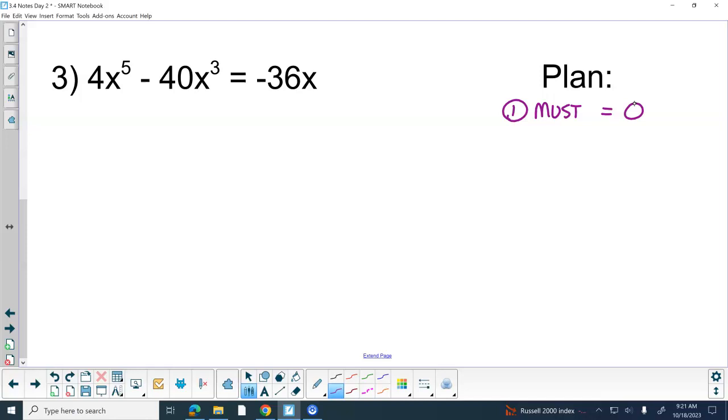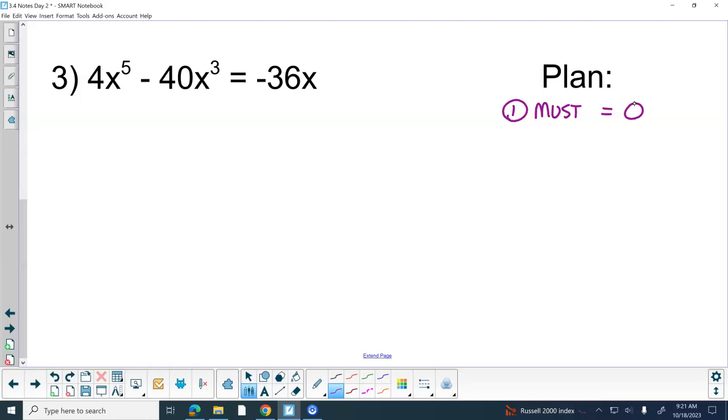Add 36x to both sides. Okay. What would my other option be that might sometimes come into play? Could move all the left side over to the right side. Right? Now, I'm a ginormous fan of having that lead coefficient, remember that lead coefficient is the coefficient on the degree term, the biggest exponented term, be positive.